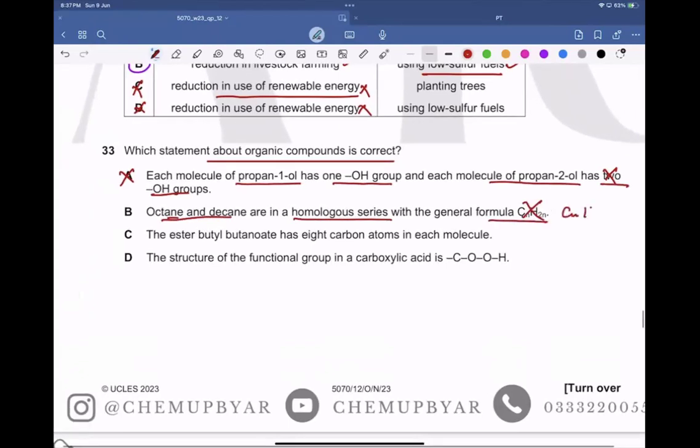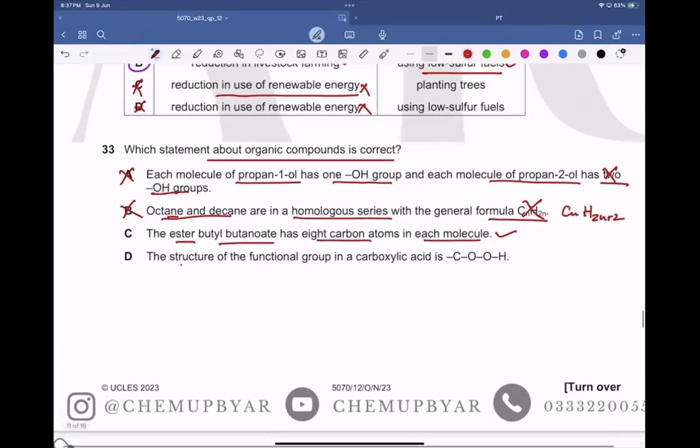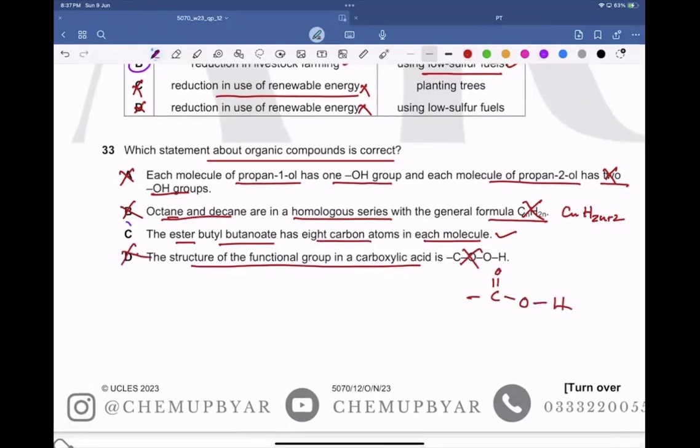The correct one would be CnH2n+2. So B goes wrong. The ester butyl butanoate has 8 carbon atoms in each molecule. Yes, butyl butanoate: but and but, 4 and 4 makes 8. So it is correct. The structure of the functional group in carboxylic acid is wrong. We know it has C double bond O and C, O and H. So D goes wrong as well, and the correct answer is C. Is this clear to all of you?